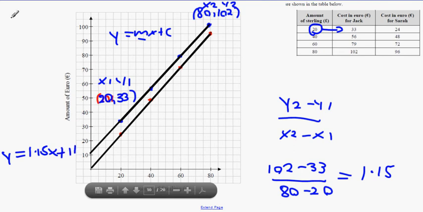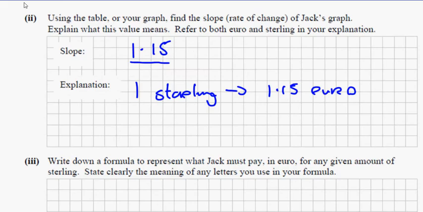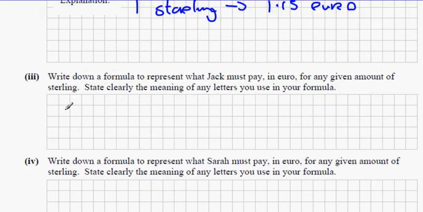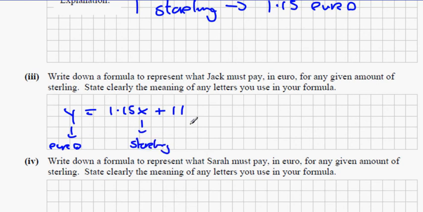So this will give us an equation of how much euro sterling gives us. It'll be y equals 1.15x plus 11, where y is the amount in euro, x is the sterling, and 11 is probably a fixed charge which the bank applies to us.